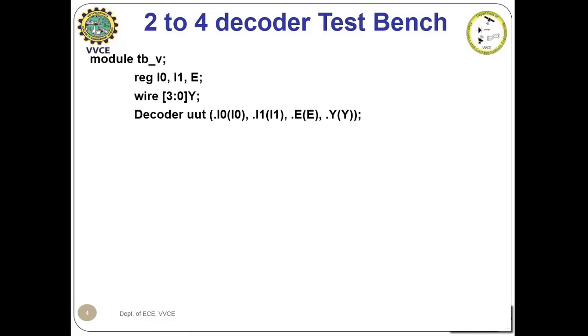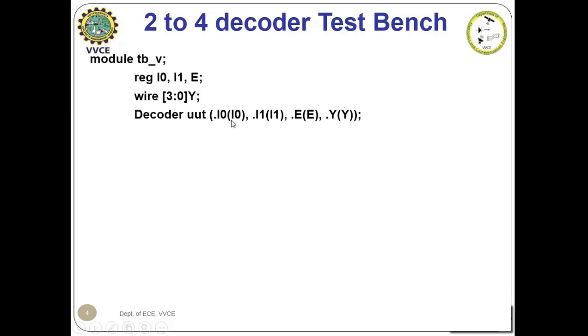Then I'll be calling the main code, decoder. Decoder is the module name that I've given for the structured code of a decoder, and UUT is the instance name, that is unit under test. Open the brackets and map the registers and the wires that I have used in the test bench to the module's inputs and outputs.